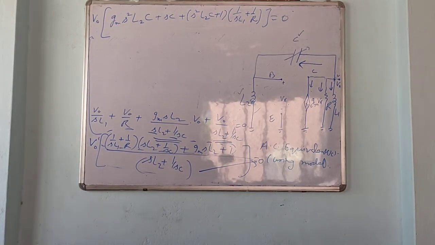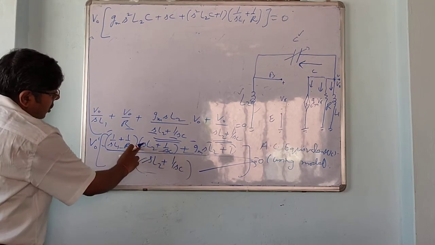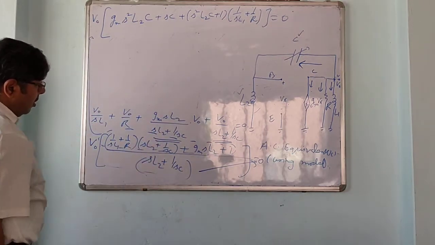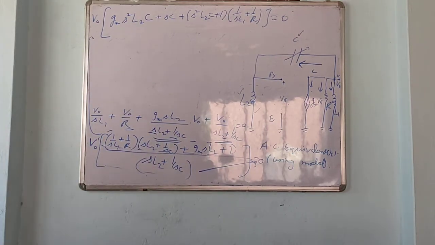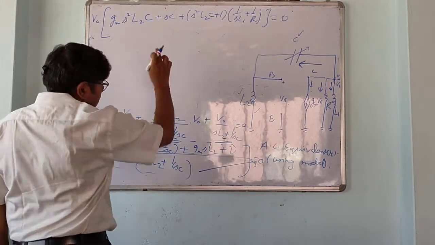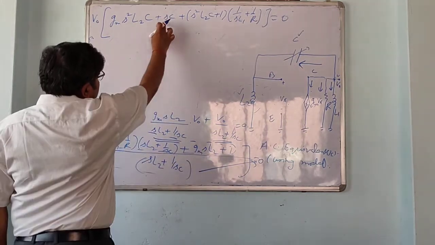So for SL1 and R, you can take the LCM here. Then this will become S square L2C. S square into C plus 1 upon SC, and when SC is multiplied by these terms you will get S square into C gm plus SC.